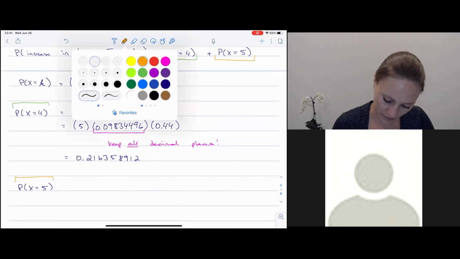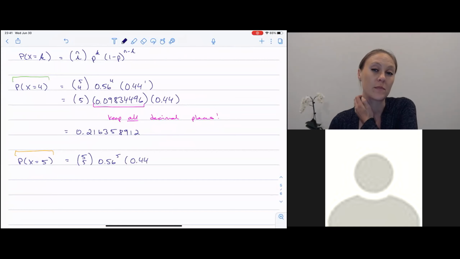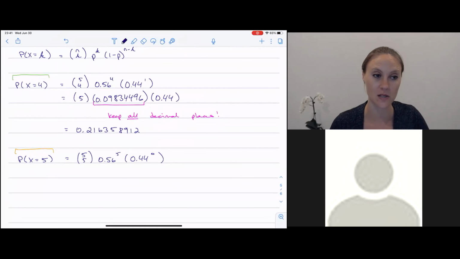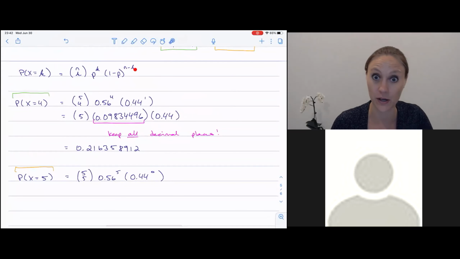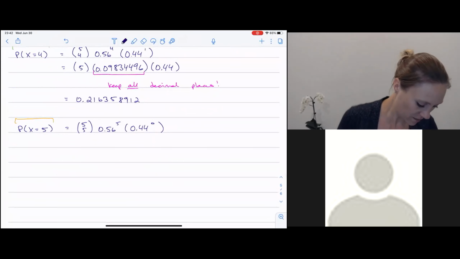So now the probability that x equals 5 is 5 choose 5 times 0.56 to the power of 5 times 0.44 to the power of what? 0, right? Because there are 0 failures if we have 5 successes. Or if you prefer to use the formula, 5 minus 5 is 0. 5 choose 5 is 1.